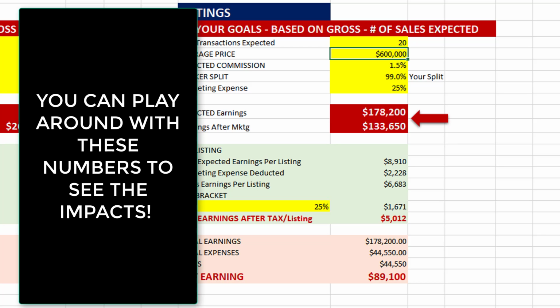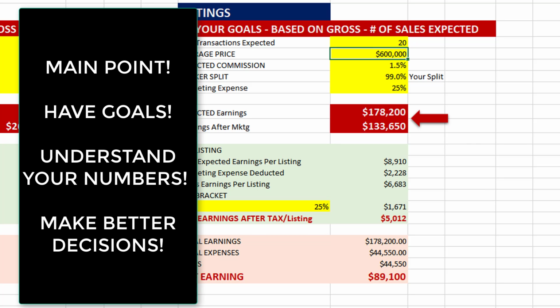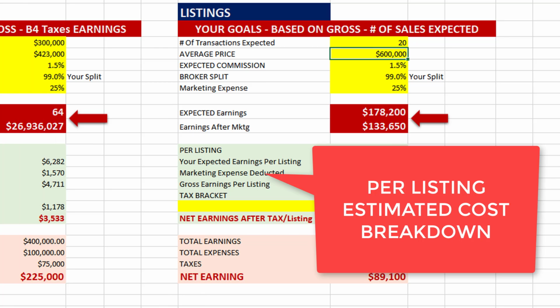So you'll know how much you need to allocate for marketing or systems, etc. So this marketing expense, the 25%, really gives us a good baseline of the expenses we want to kind of keep as a guideline for us for systems and lead generation, etc. And then we broke it down per listing. So your expected earnings per listing based on this price, the marketing expense, etc., you know, between your split and all of that.